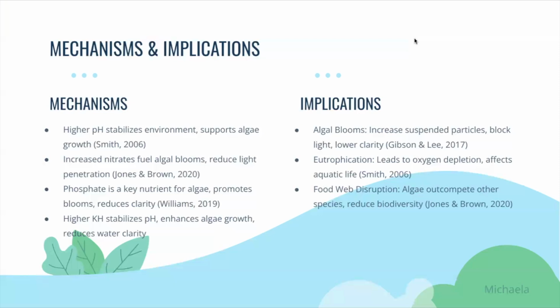They also give a little bit of a green look to the water, and that's why some places may look greener than others, just depending on the amount of algae. And algae really just leads to eutrophication. So oxygen will deplete, and this affects all aquatic life because plants need that oxygen and other organisms like fish. They really need that to survive.